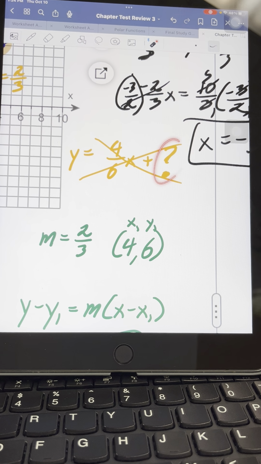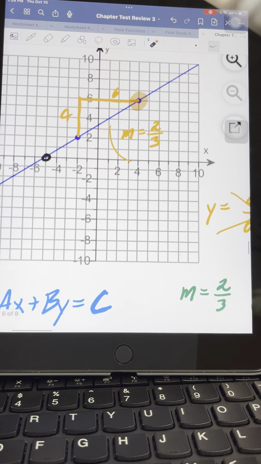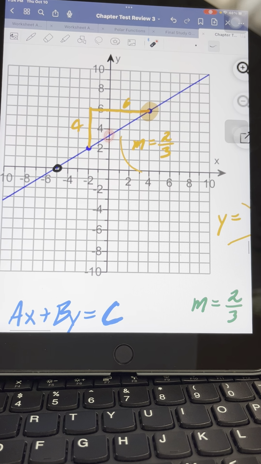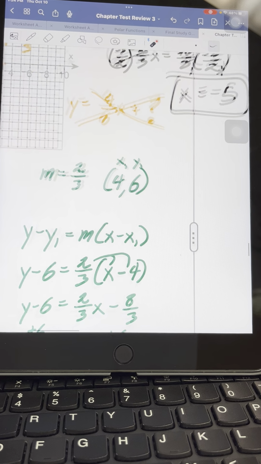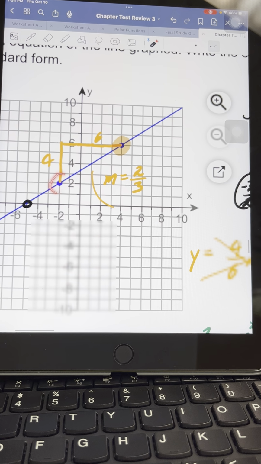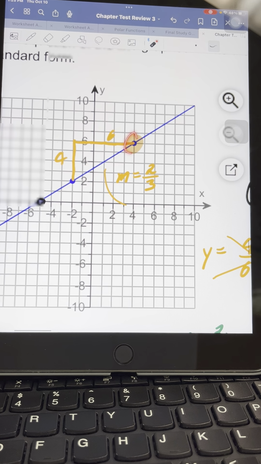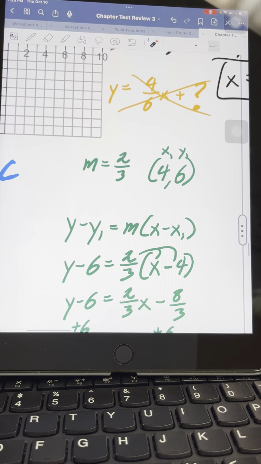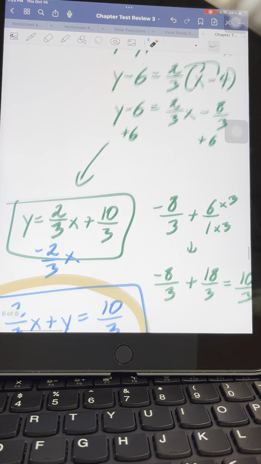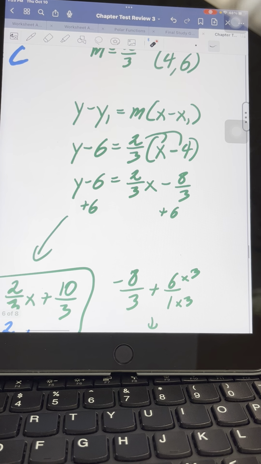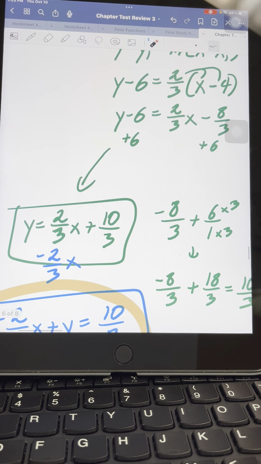The y-intercept, you can't see it. So that means we had to go into point slope form, and we could have picked this point or this point. It did not matter as long as we have a slope and one point that is on this line. Then from point slope form we turned it into slope intercept form, and from there into standard form.